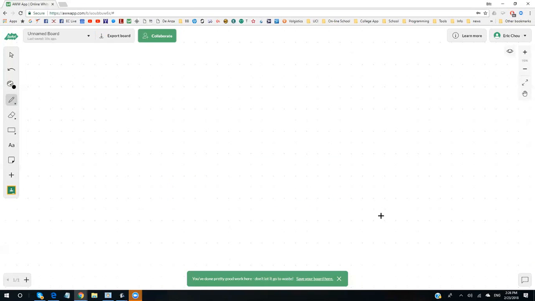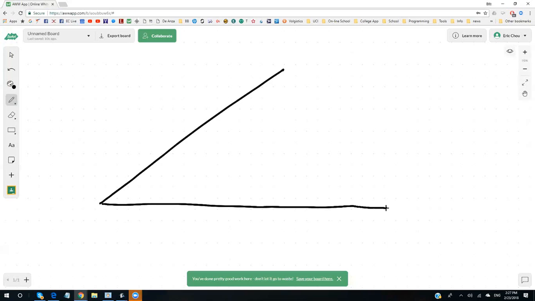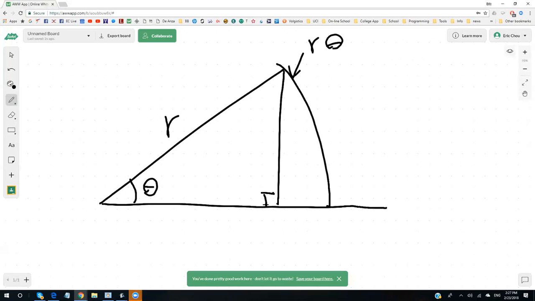Now actually we have this, right? This theta, this is r. The length of this guy is r theta. The length of this guy is r sine theta.